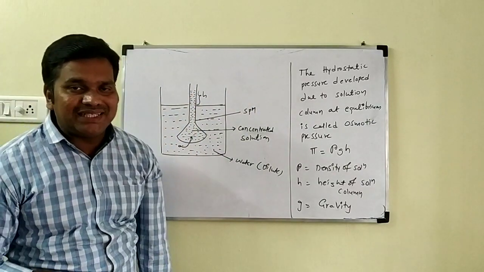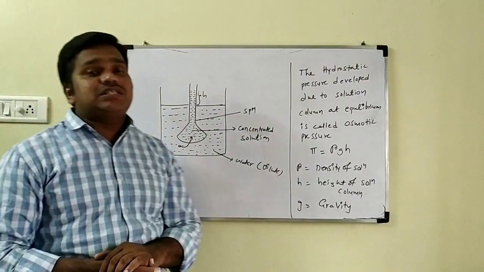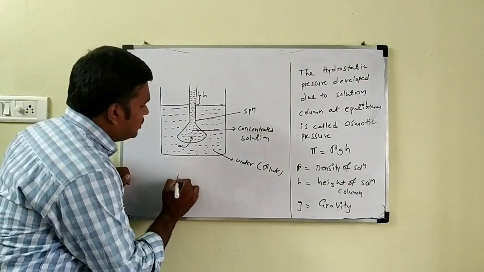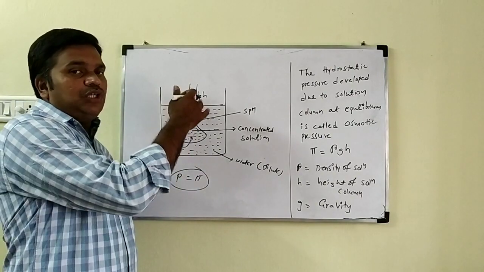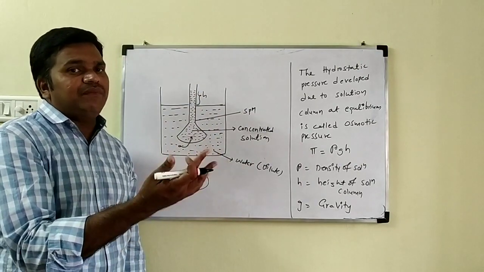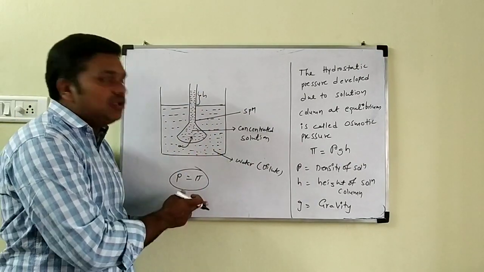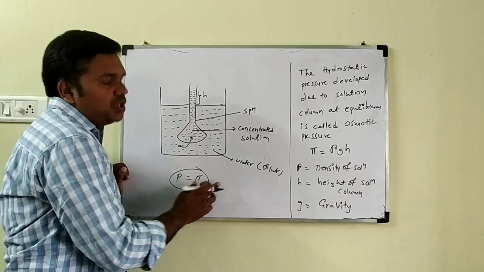This pressure we call the osmotic pressure, that is pi. The pressure of the solution is P, which equals the osmotic pressure. So we can write P is equal to pi.